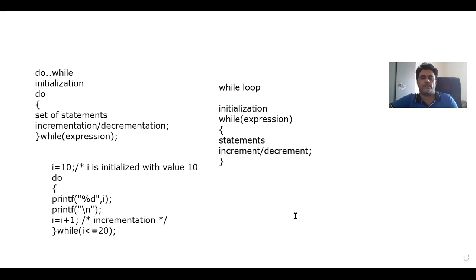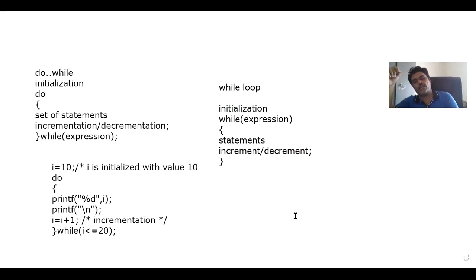But only one thing you have to remember is that execution time will be saved, because in do while the execution will be performed at least once. So until the first condition is satisfied, the loop will be executed first of all. So that is the problem.